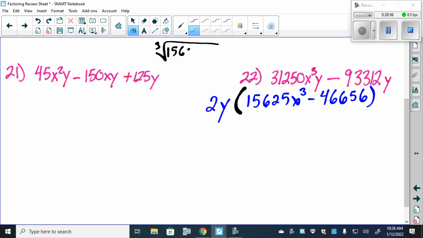The cubed root of 15,625 is 25, and we take the cubed root of it.